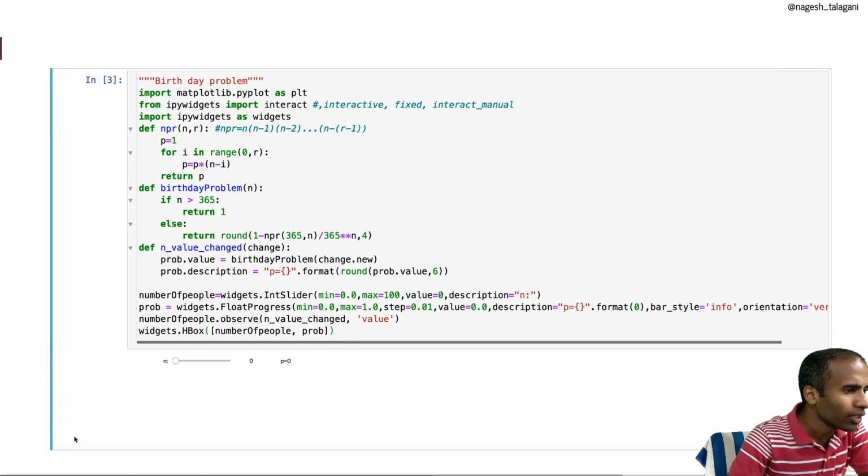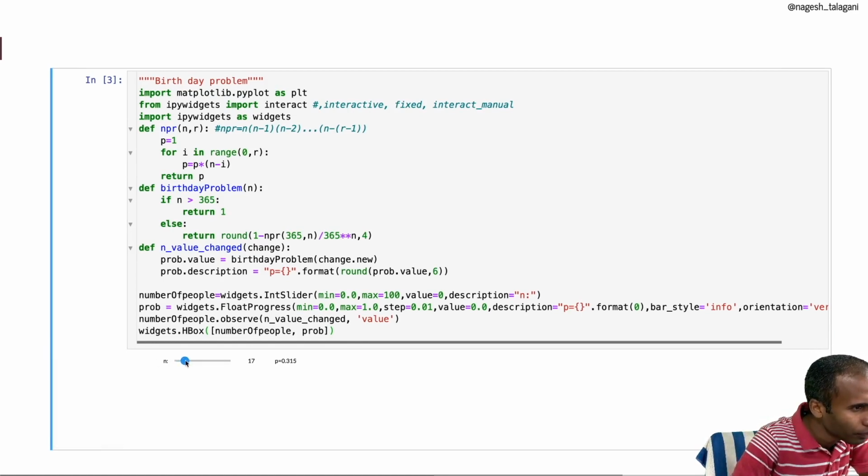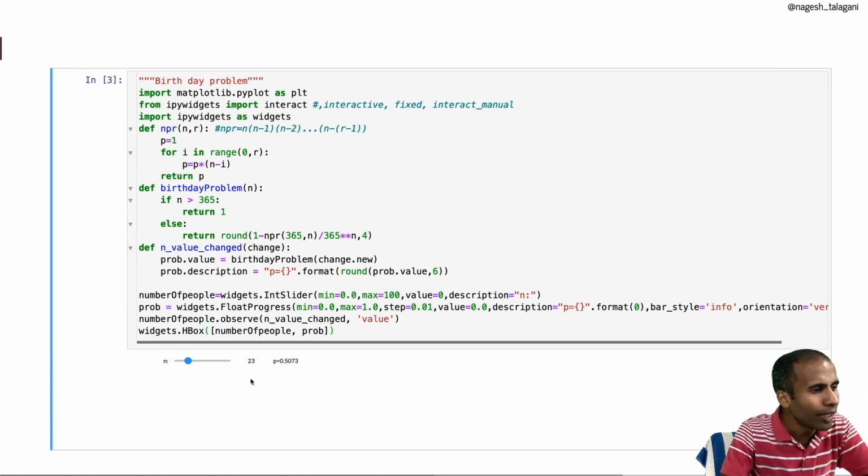First, let me check for n equal to 23. When n equals 23, the p-value is 0.5073. That means when there are 23 people in a room, the probability of at least 2 people having the same birthday is 0.5073. That means there is a 50% chance that at least 2 people will have the same birthday.